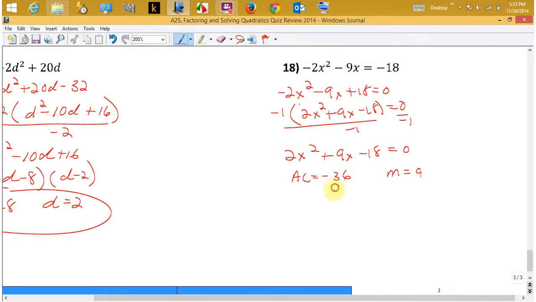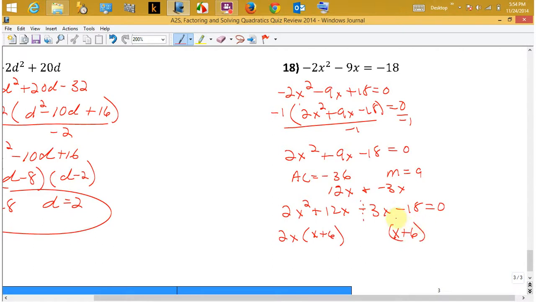So I've got 12x and a negative 3x. Okay, I'm going to put the 12x with the 2. So I've got 2x squared plus 12x minus 3x minus 18 equal to 0. So I'll split it down the middle, and what I'll have is 2x times x plus 6. Now I know I need to have an x plus 6 on this side.